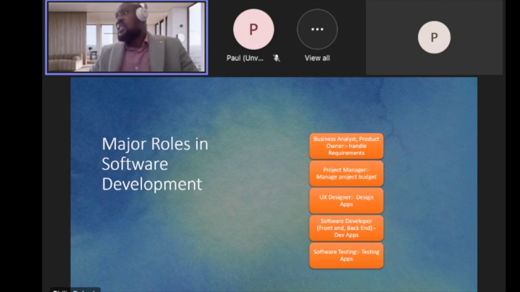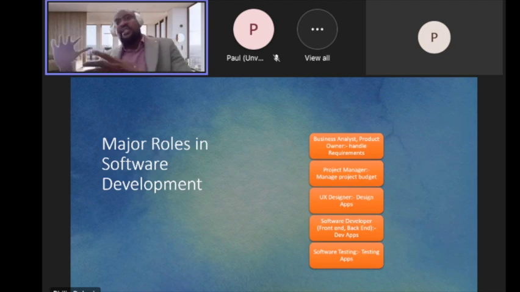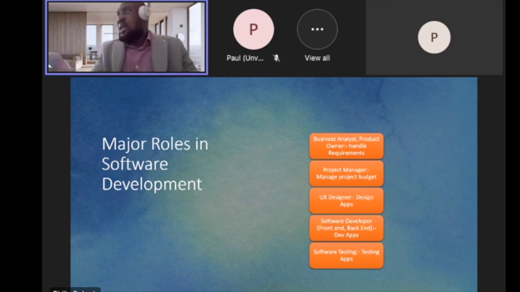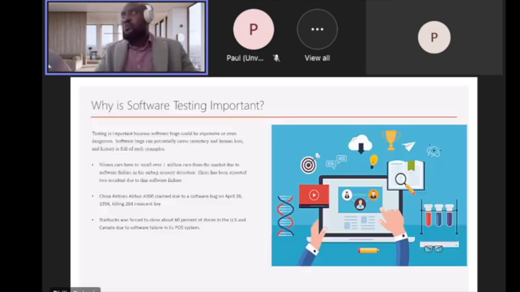And the final thing that I want to share, which is what we are discussing today, is software testing. Software testing is another department on its own, and that is what I wanted to share with you guys.